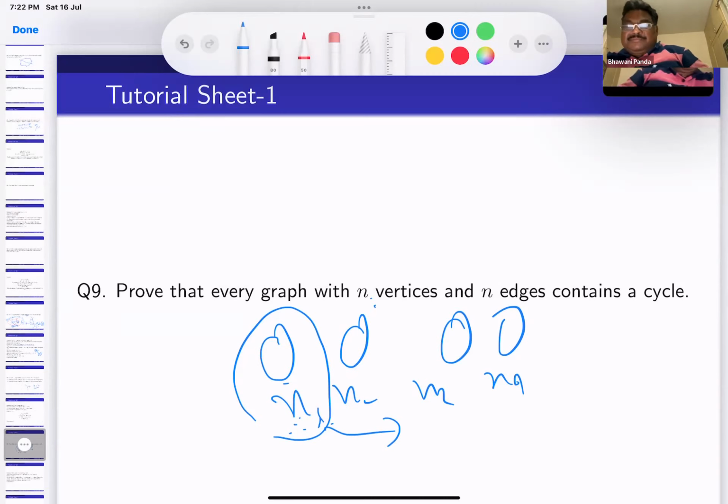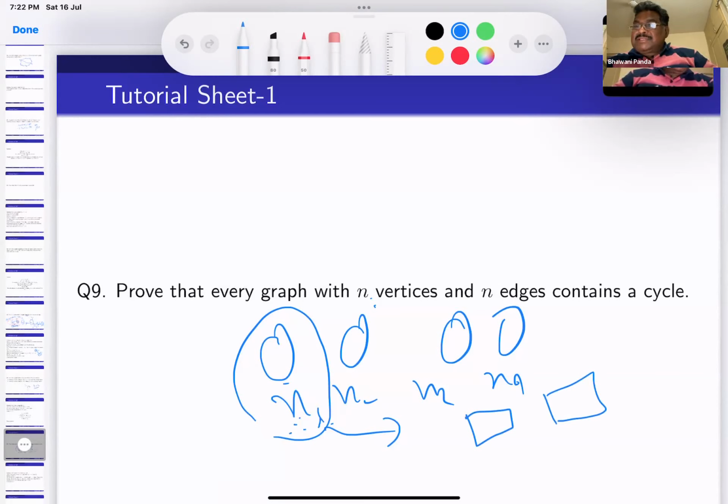Is this clear or no? Yes, sir. Suppose it is connected, then it should have a unique cycle, right? Yes, it is a unique cycle. And otherwise, how many cycles will there be? Can you have 2 cycles? Yes. For example, take 4 vertices, and 8 vertices and 8 edges, right?